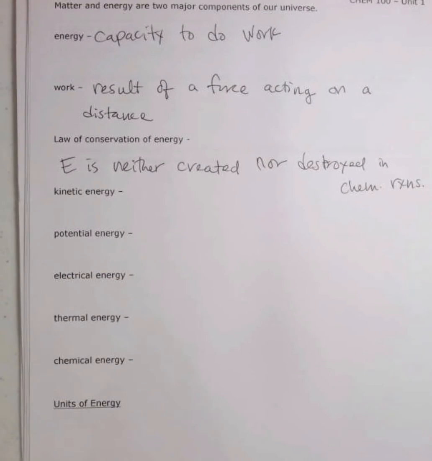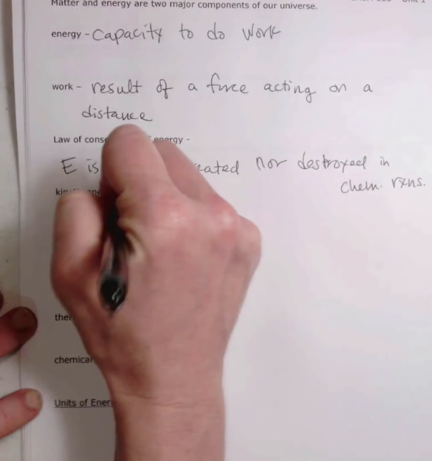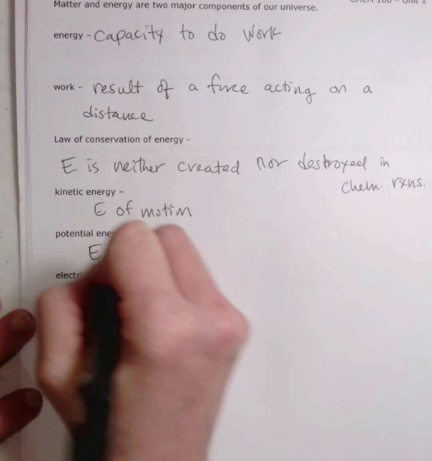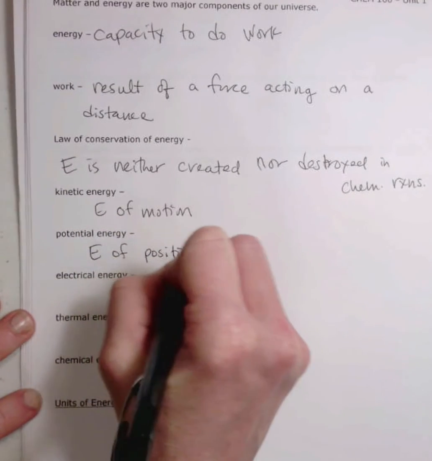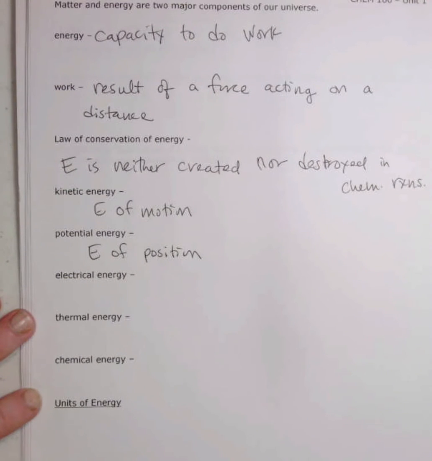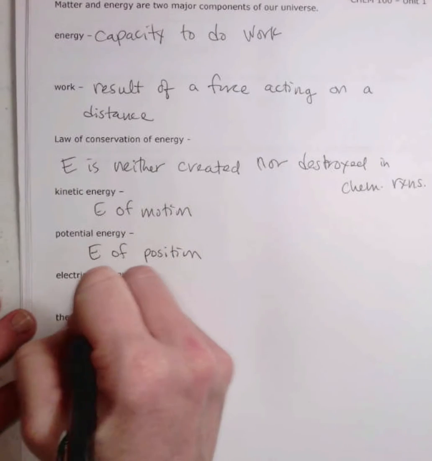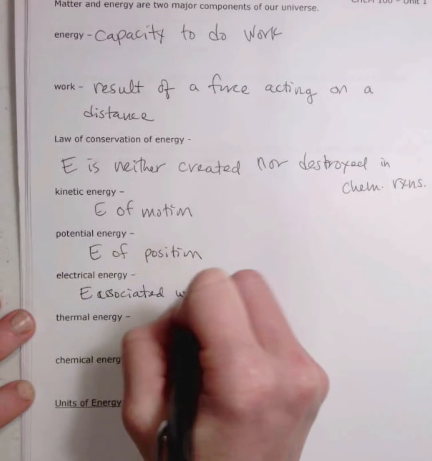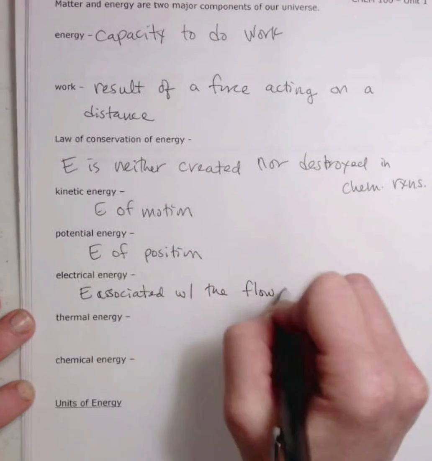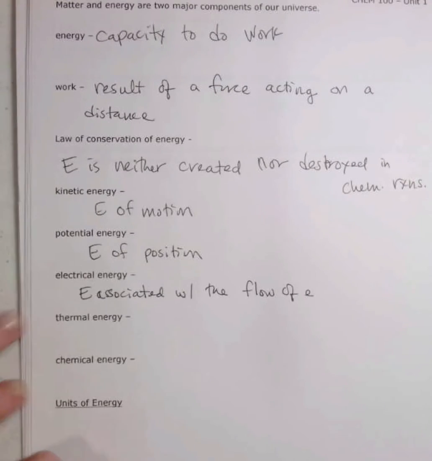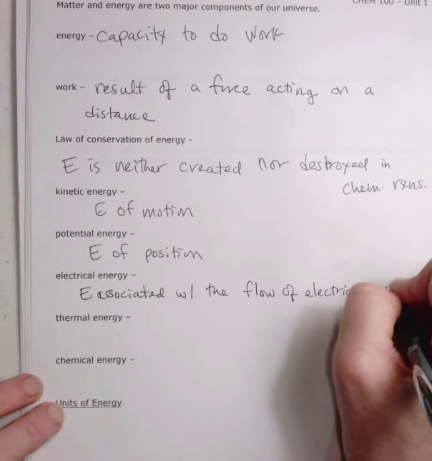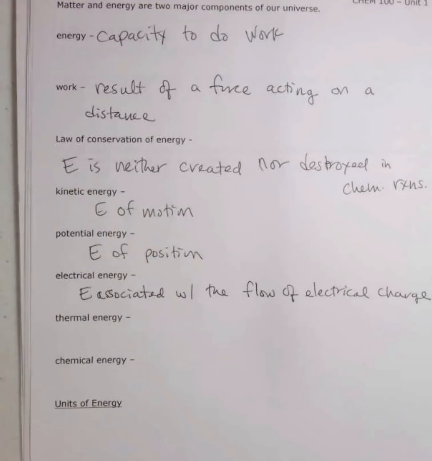Okay, so kinetic energy is the energy of motion. So just a lot of definitions for you here. Potential energy, energy of position. Electrical energy is the energy associated with the flow of electrical charge.